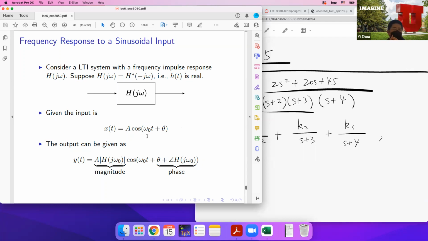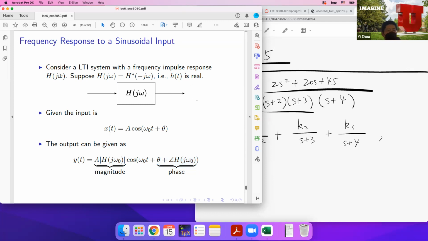So when you pass these signals through such an LTI system, the signal will be scaled by the corresponding system frequency response at that particular frequency. Okay, so the magnitude is scaled in such a way. And moreover, the phase part, theta, will also be shifted by the corresponding phase at that particular frequency response.